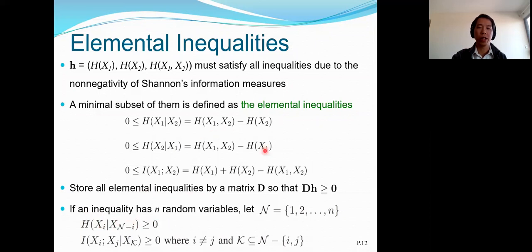And then we transform it into joint entropies and put it into the matrix D. Another set is generated by the conditional mutual information. We pick any pair and condition on a subset of the rest of the random variables. Then we generate another set and put it into the lower part of the matrix D.